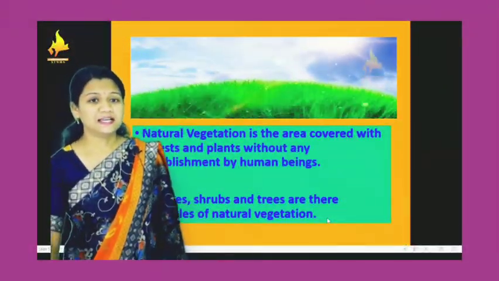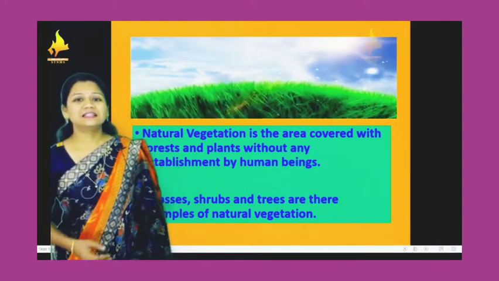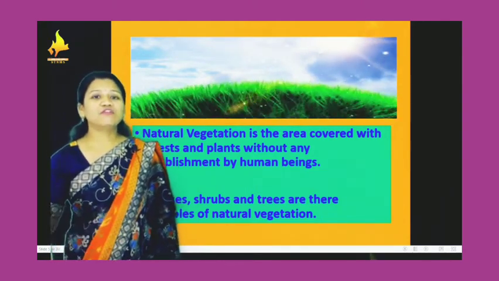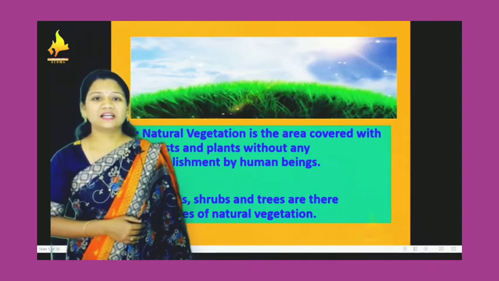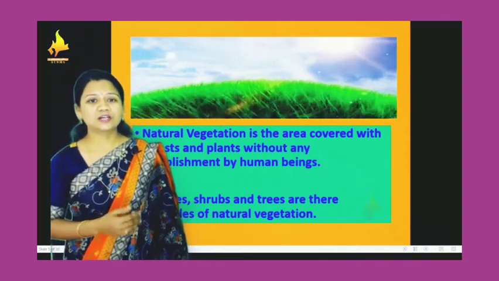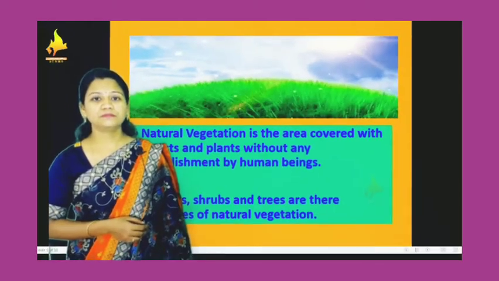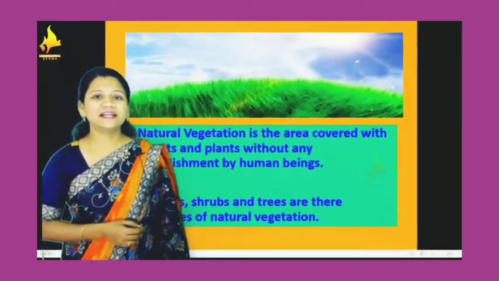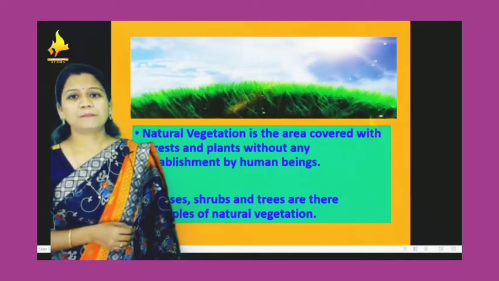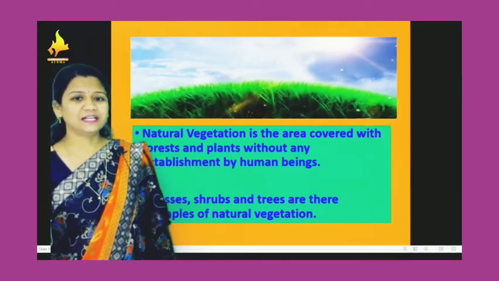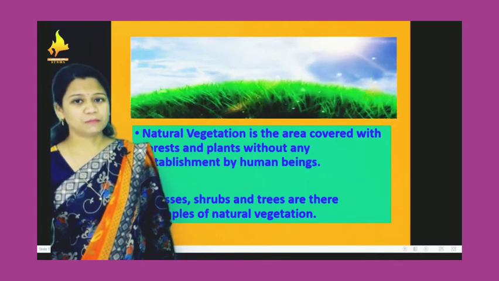Natural vegetation refers to areas covered with forests and plants, for example, grasses, plants, shrubs, herbs. Many parts of India are covered by natural vegetation or natural forests without the interference of human beings.